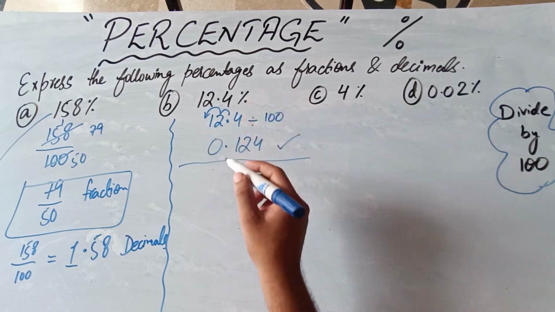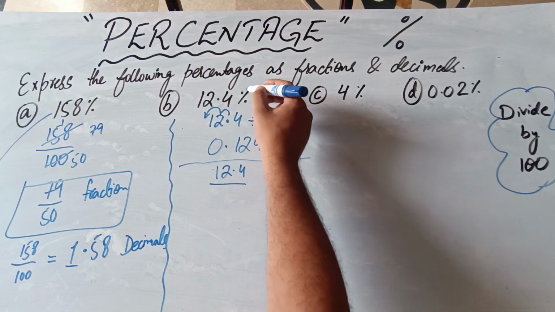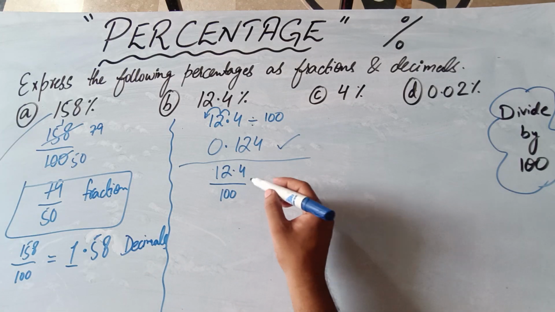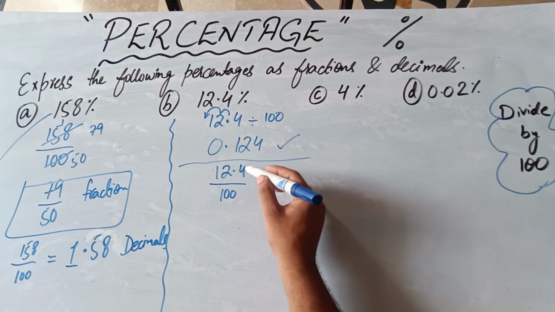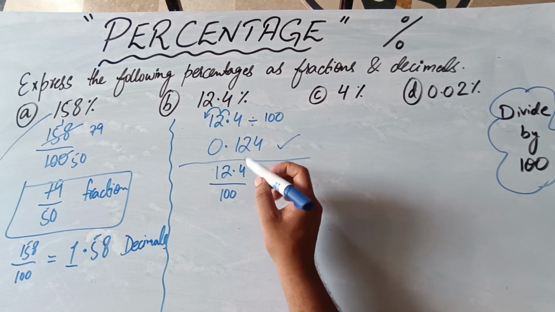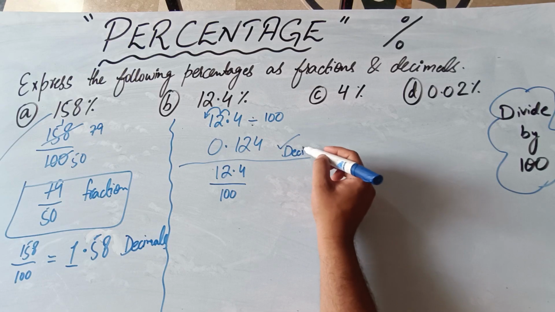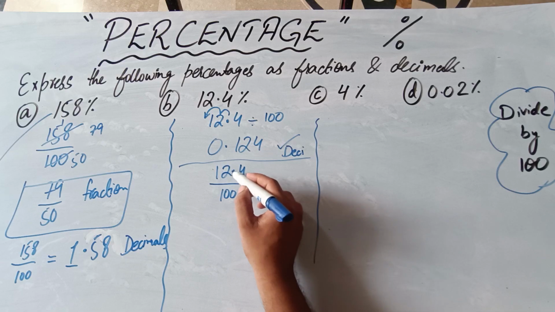Now if we want to convert it into fraction form, how to convert it into a fraction? Again, to remove this percentage sign, first of all we will divide by 100. Now we do not want to give the answer in decimal, so this answer is not acceptable, because this is the decimal form. To convert it into a fraction, we need to remove this decimal.